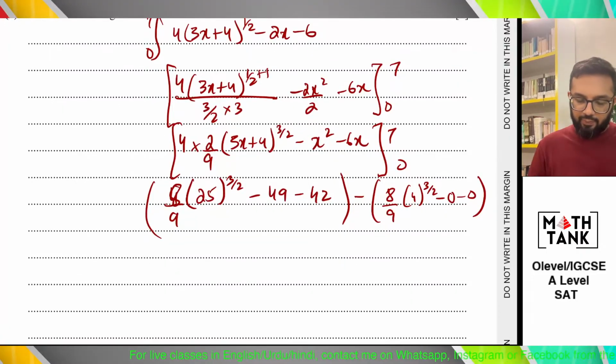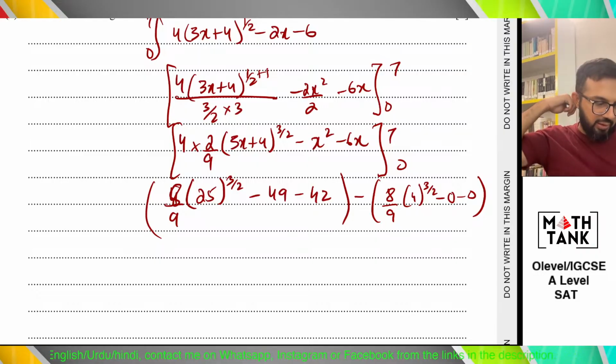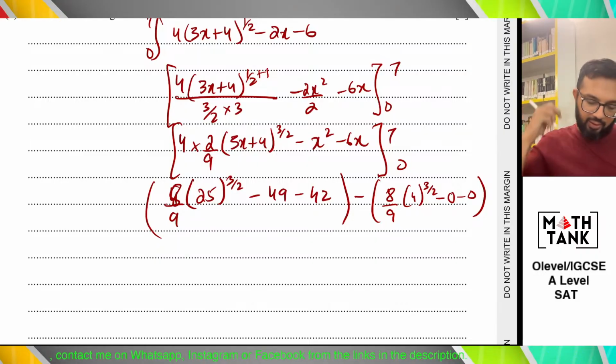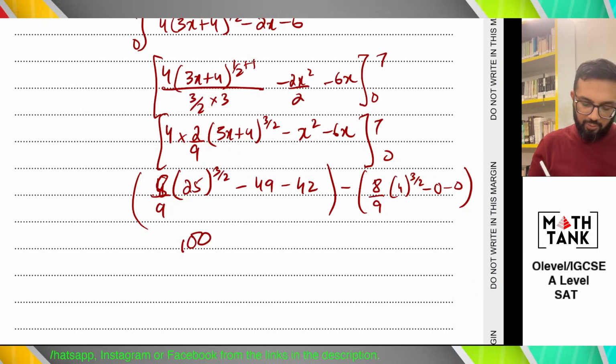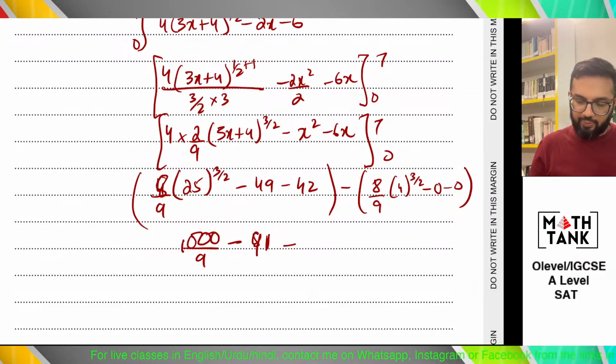Okay, 5 cube is 125. 125 into 8 is 1000/9 minus 91 minus 64/9.